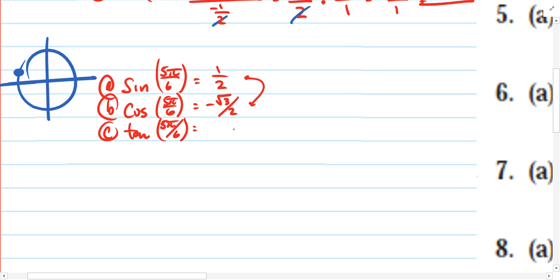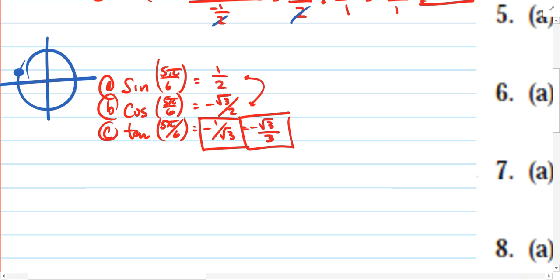And you'll see this with shortcuts, or as you complete many of these, the 1/2 divided by radical 3 over 2, the 2's will cancel, and we're left with negative 1 over radical 3. If you are accustomed to rationalizing the denominator, you'll multiply both the numerator and the denominator by radical 3, and you'll end up with a solution of radical 3 over 3, negative of course, and that would be okay as a solution as well.